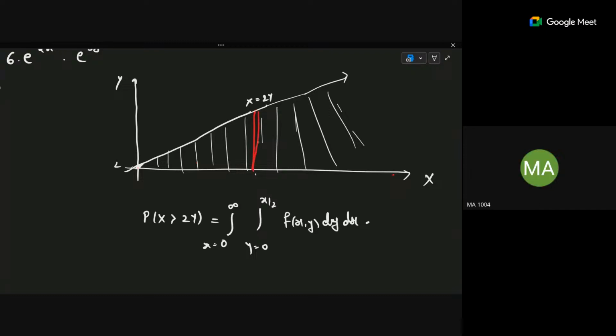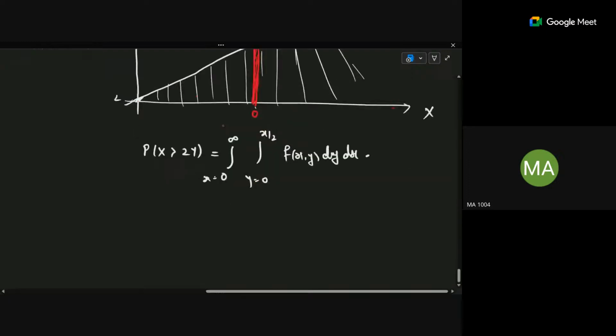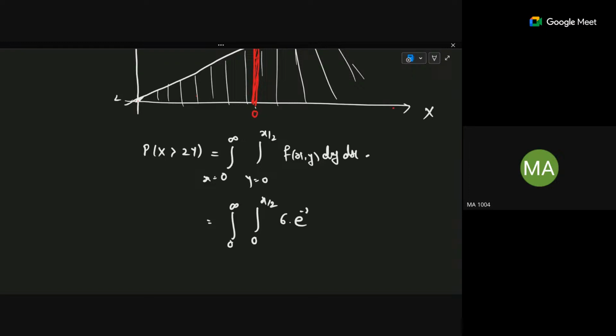For this particular thing I took this example: the limits of y are y equal to 0 to x by 2, and swipe the strip from left to right, which will cover your whole region. So integral 0 to infinity, 0 to x by 2, of 6 into e power minus twice x, e to the power minus 3y, dy.